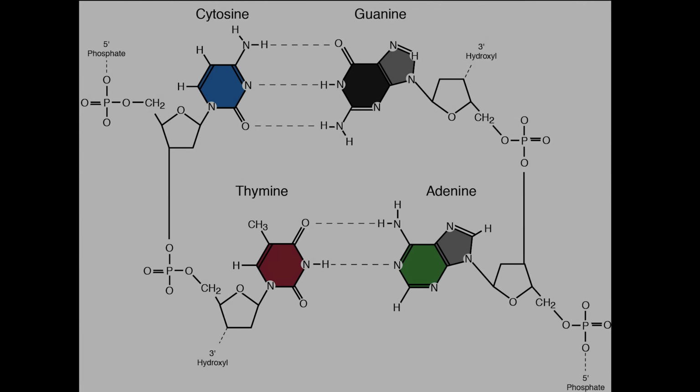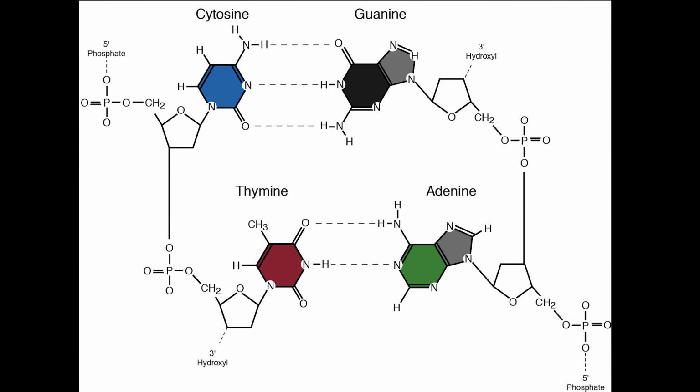Now, attached to these sugar molecules in the first position, when we talk about deoxyribose, we now need to talk about the nitrogenous bases. And there are 4 nitrogenous bases in DNA that are of interest to us. Those 4 bases are cytosine and guanine, thymine and adenine.